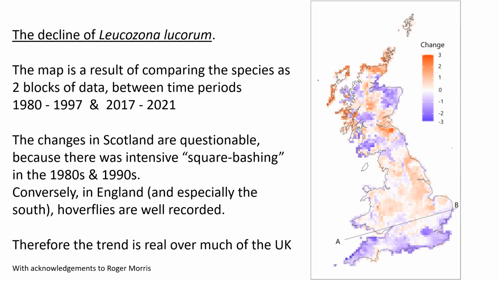Let's ignore the records in Scotland because there's been uneven levels of recording, but looking at England, where there's a more consistent level of recording, it's apparent that you've got the sort of mauve and purple colours predominantly along the south coast from East Anglia down to southwest England. So those are declines, and yet over most of the rest of England it's fairly static. So it does imply a northward movement of this species, probably because of climate change.